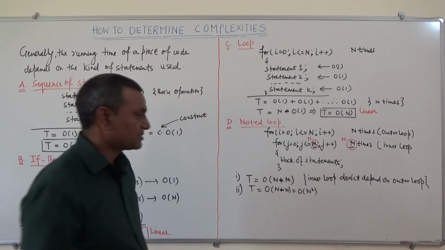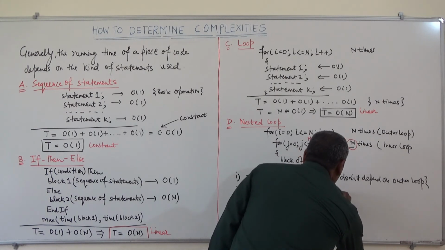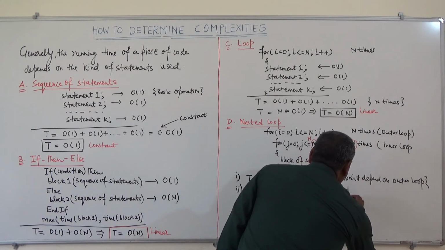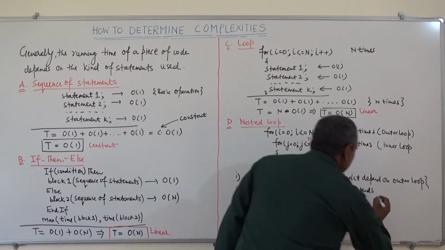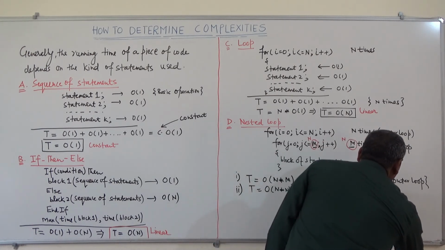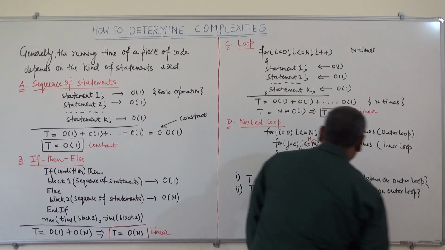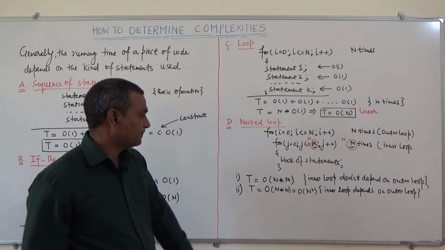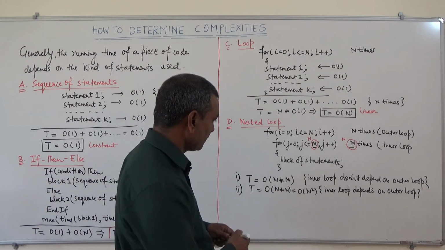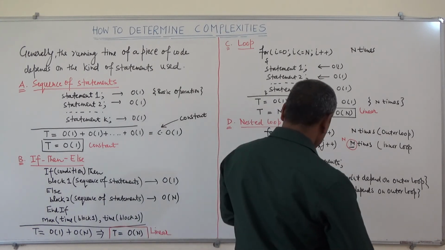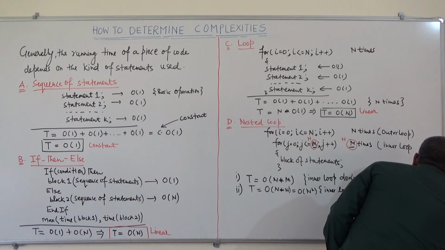So this is the case when the inner loop depends on the outer loop. So this is quadratic.